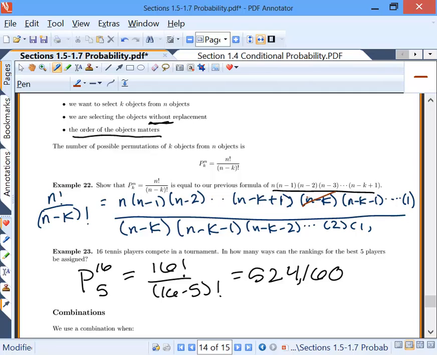There's n minus k, n minus k minus 1, dot, dot, dot, everything cancels from the top and bottom. And we're left with n times n minus 1 times n minus 2, all the way down to n minus k plus 1. But luckily we have our calculators to do this for us.